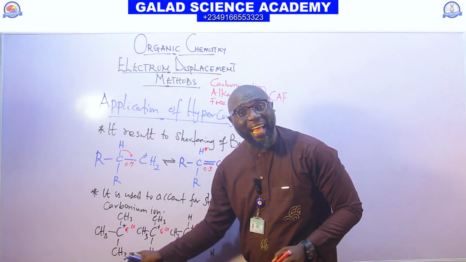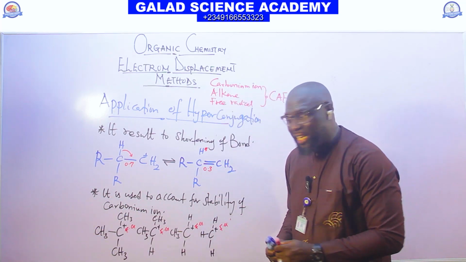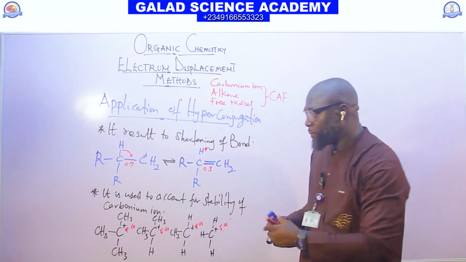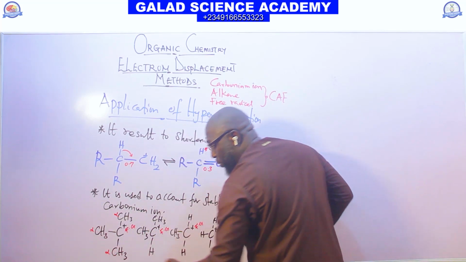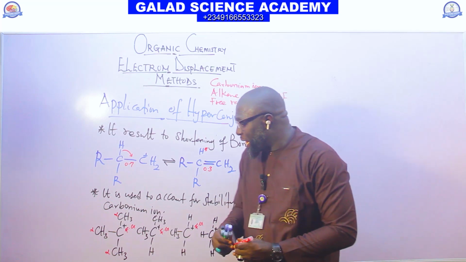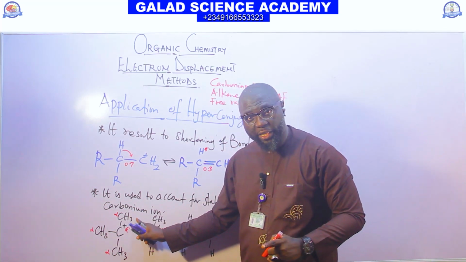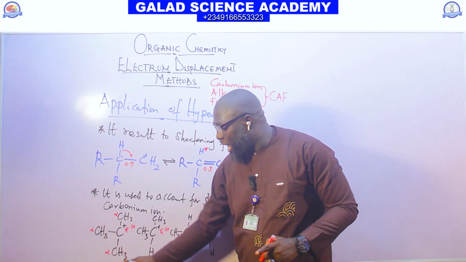How many carbons are attached to the functional group directly? Here we have 3. Any carbon that is attached directly to the functional group is called alpha carbon. So we have how many alpha carbon here? 3. And each alpha carbon contains how many hydrogen? 3, 3, 3.